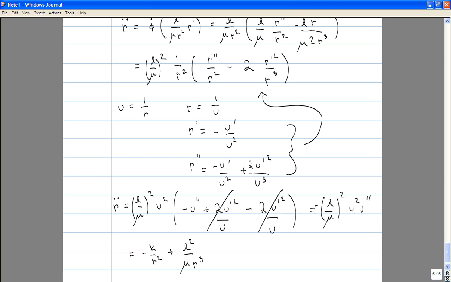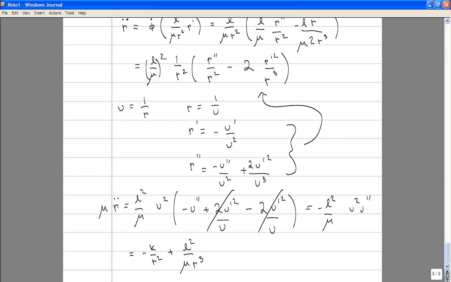Sorry, there's a 1 over mu. So if I wrote mu times r double prime here, then I would get L squared. Let's just write it as L squared over mu and L minus L squared over mu. Everyone with me?